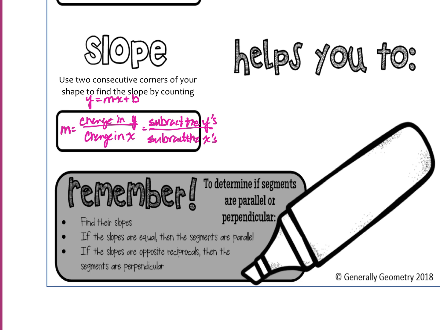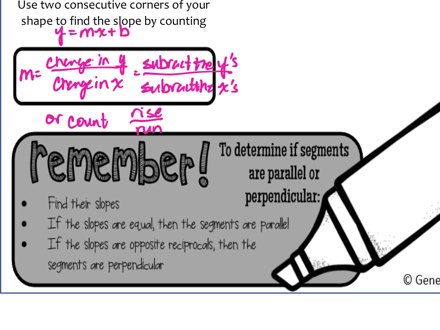Or I'm going to count rise over run. I'm in a coordinate plane. Can I not count squares? I can count rise over run. Do you need me to make that bigger for you guys?